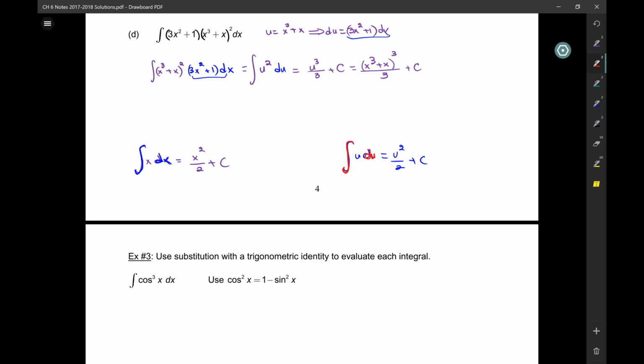Yes, Julian? Wait, the answer to problem D is just the integral of u plus c, right? Is that the case in every single question?